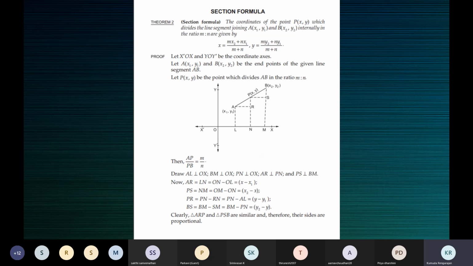If you construct a triangle with sides 3, 4, and 5 centimeters and construct another triangle with sides 9, 12, and 15 centimeters, you will see that both the triangles will have exactly the same angle measures.